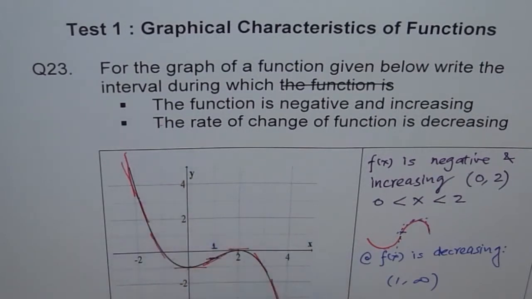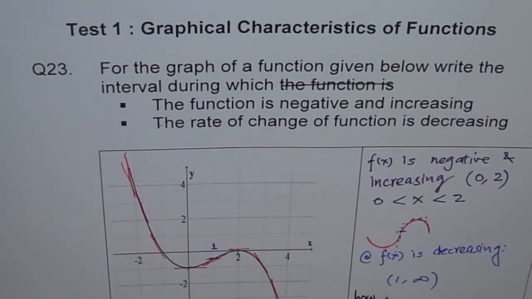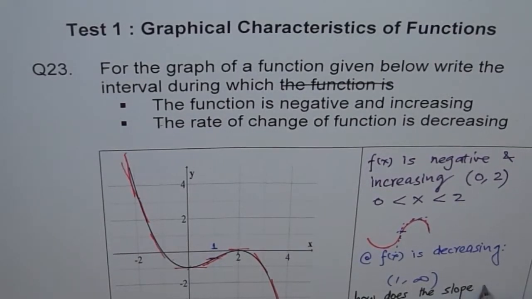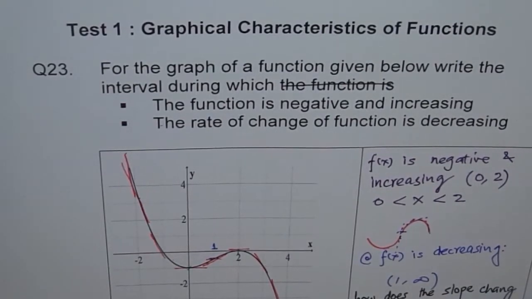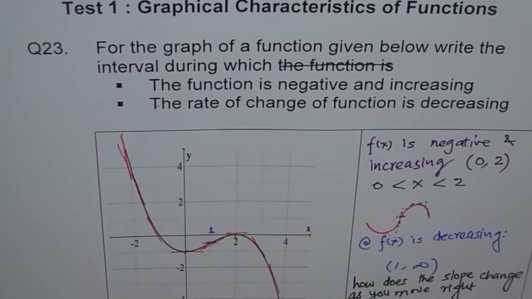So basically in this question you have to answer how does the slope change, right, as you move from left to right, correct? So that is what you have to study, okay? So how does the slope change?